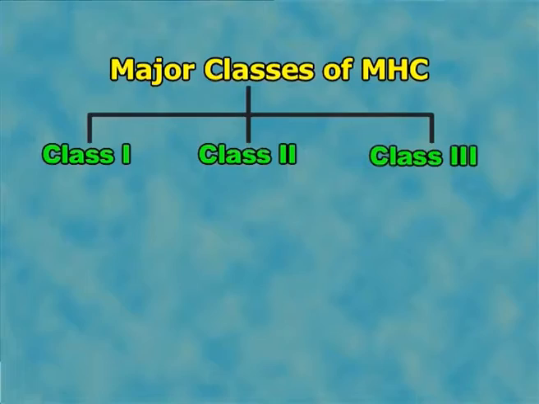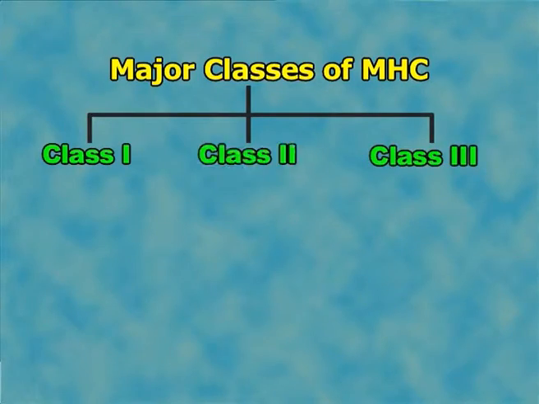This group is subdivided into a group encoded within MHC loci, for example HLA-E, HLA-F and HLA-G, as well as those not encoded, for example stress ligands. The antigen or ligand for many of these molecules remains unknown, but they can interact with CD8 plus T cells, NKT cells and NK cells.